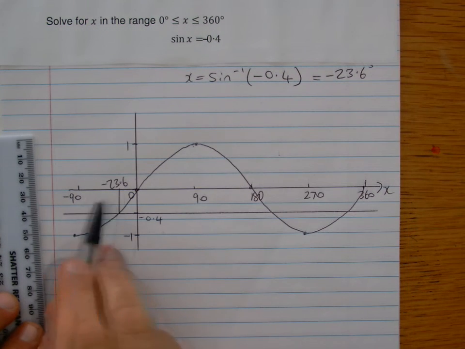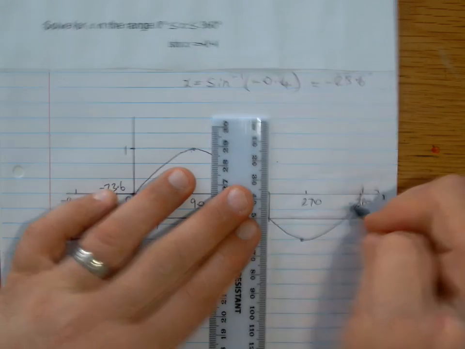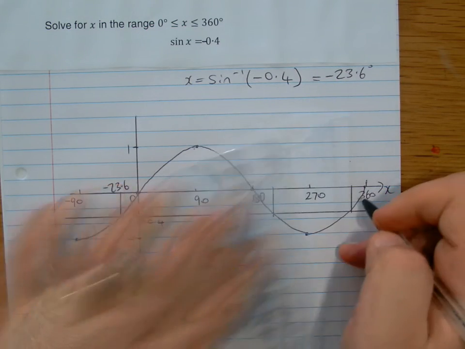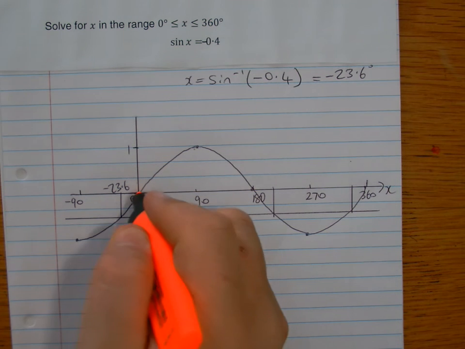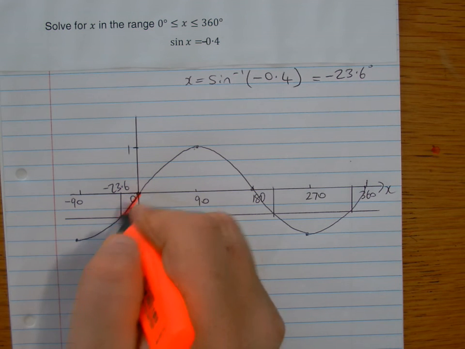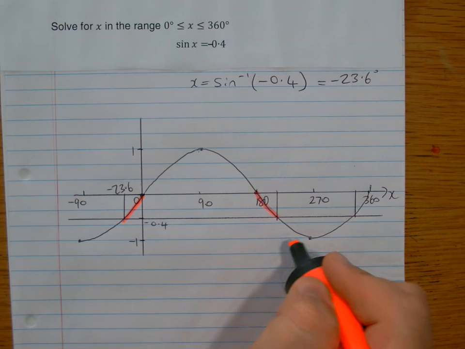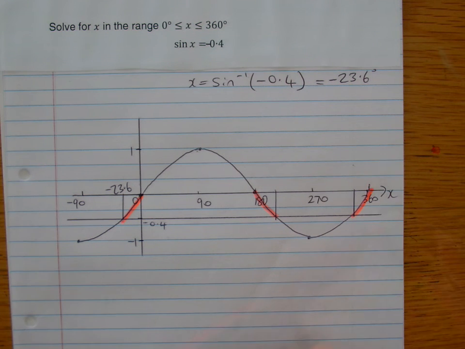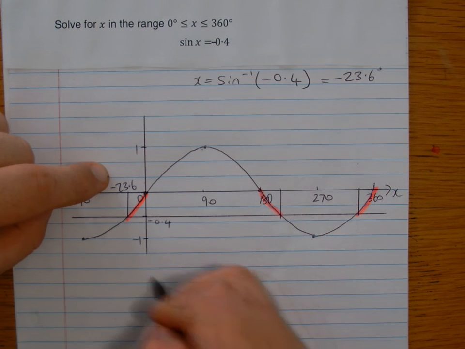That's not good because it's outside of my range, but these are the angles that I want, here and here. So if we just appreciate that that bit of the curve is exactly the same as that bit of the curve and this bit of the curve. So I don't need this in my answer, but I do need that.